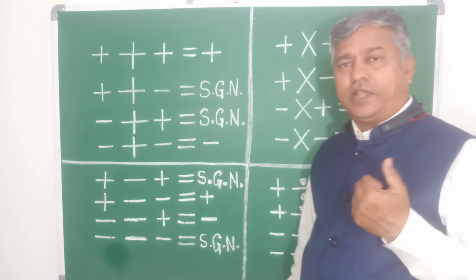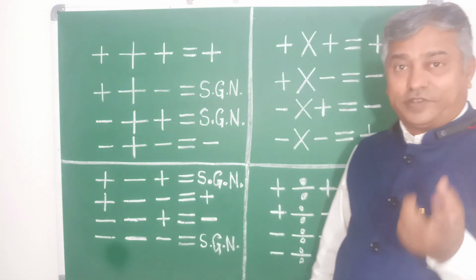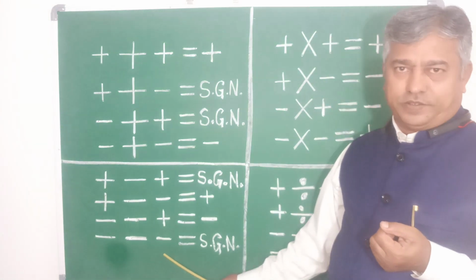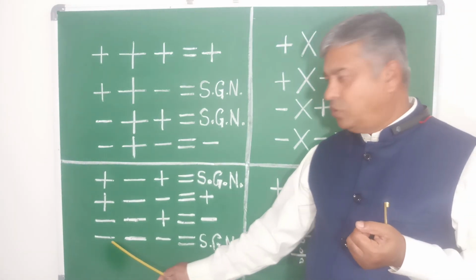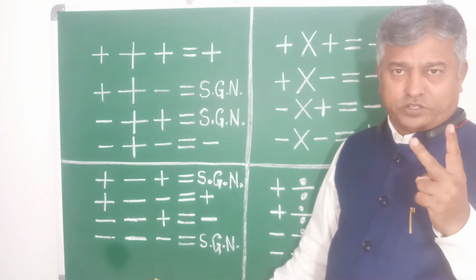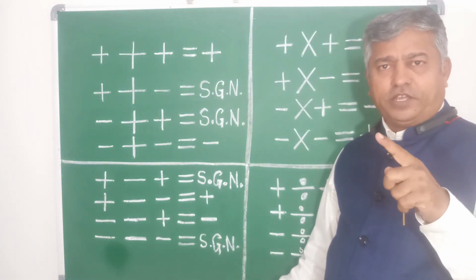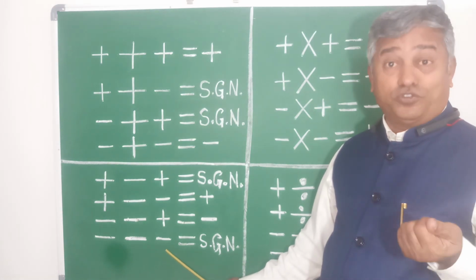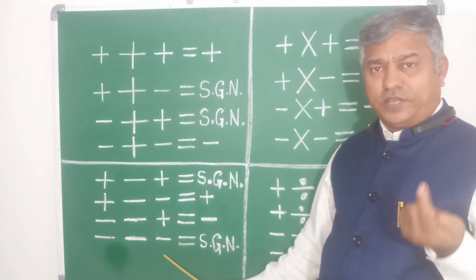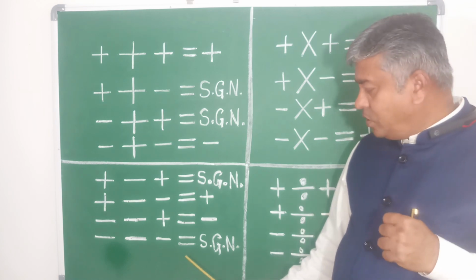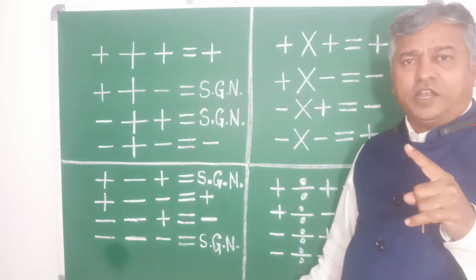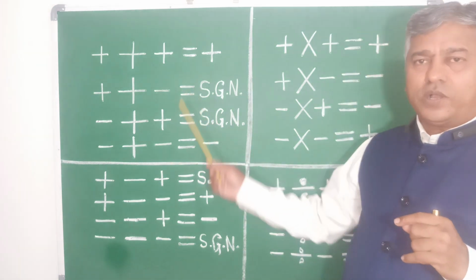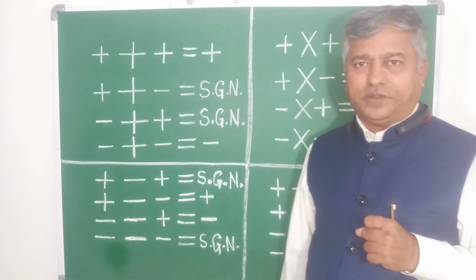Okay, and last, that is the fourth in the subtraction, minus minus, the subtraction of two negative numbers. In this case the second number becomes positive. In such a system we must write the sign of the greater number. Okay, we have covered two parts here.